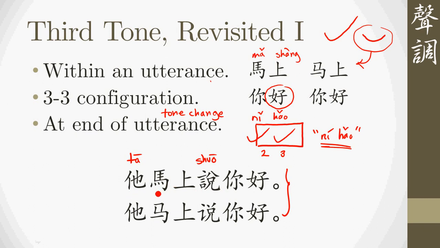Here is the short third tone with 马, and then we have the change to second tone, and then this is the long third tone. 他马上说你好. This means literally, he immediately says hello, just in the same word order as English. So it's just one sentence to combine all those rules together.